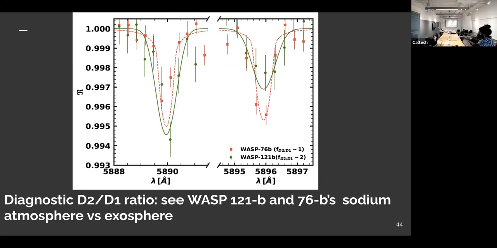So monitoring them in sodium and doing a continuous monitoring of the D line, and then knowing how to subtract, I think it's an A star, right? Subtracting the A star sodium lines, then one can see variations. But I think that would be tough, and it just requires some thinking about, actually.